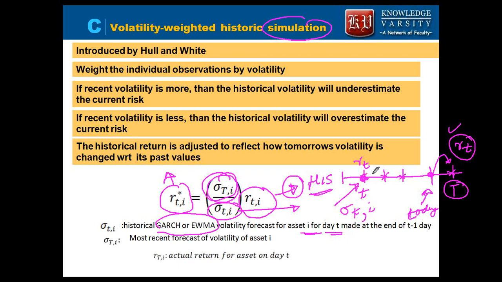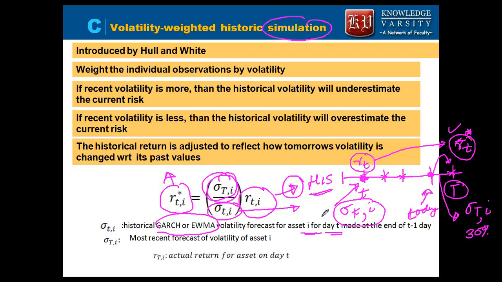This return incorporates that old volatility estimate, which is not correct. When I want to use this return, I will not use the same return, I will use the star return, a different return, by estimating what the volatility would be on this day. Let's say the current volatility estimate is 30%.